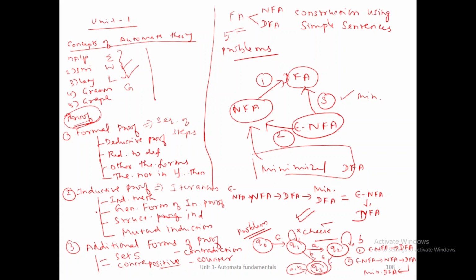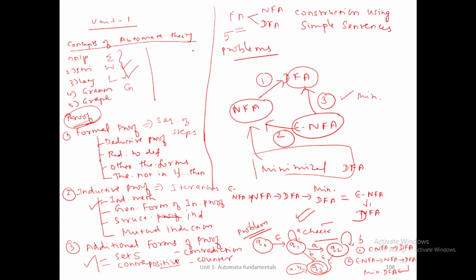I already gave the lecture sessions for all these proofs, and a few problems are discussed in inductive methods also, and also proofs in a tabularized form with truth tables. That is also available for contrapositive and contradiction proofs in the previous lectures. You just go through it.